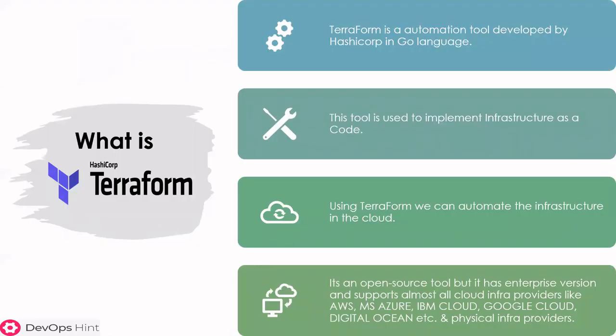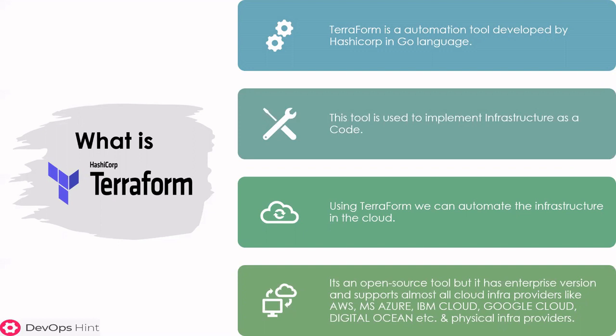So what is Terraform? Terraform is an automation tool developed by HashiCorp, and it's written in the Go language. This tool is used to implement infrastructure as code. We can spin up, create and manage infrastructure using this tool. Using Terraform, we can also automate infrastructure in the cloud.